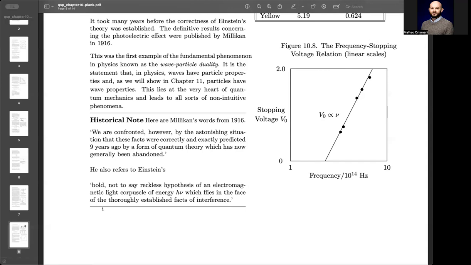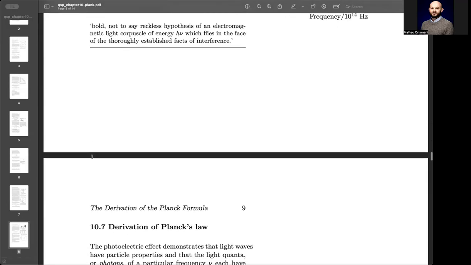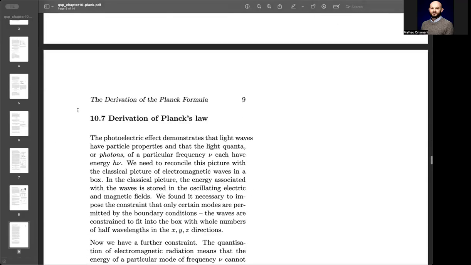But the idea that light was a particle, a single corpuscle of energy, they were like, that's crazy. You're nuts. And yet here it is working like that, right? Okay. So that's all the historical parts that I want to talk to you about.